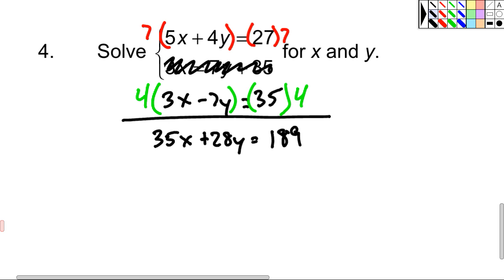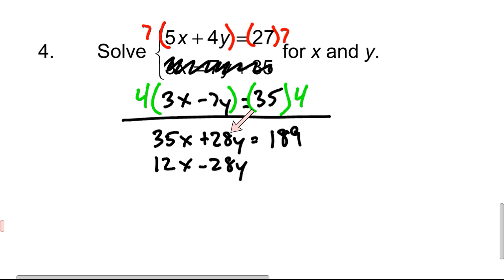Okay, and then we're going to do this one here. 4 times 3x is 12x. 4 times negative 7y, negative 28y. Notice these will eliminate now. That's what we're trying to do there. And equals 35 times 4 is going to be 140.